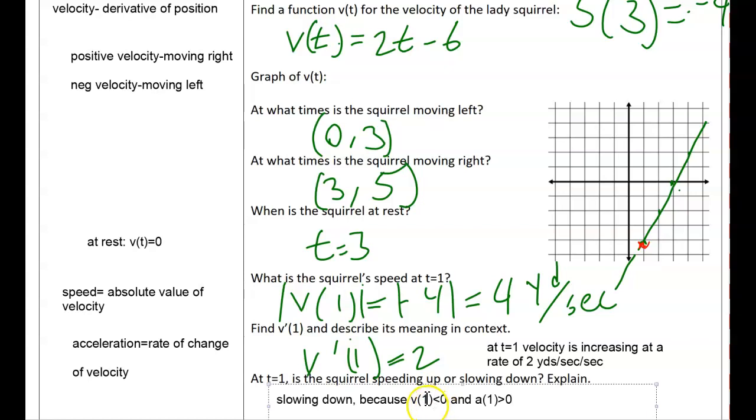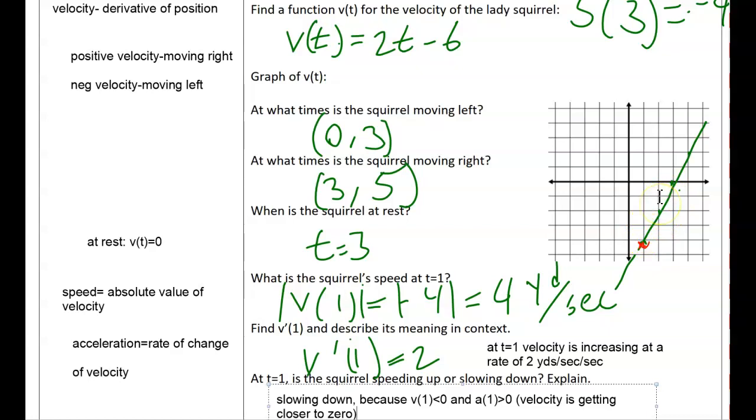And my justification is because velocity is negative and acceleration is positive, so they have opposite signs. And what that means is velocity is getting closer to 0. And we can see that on the graph, right? As time goes on, my squirrel's velocity is getting closer and closer to 0.